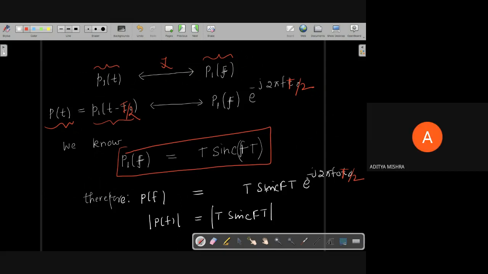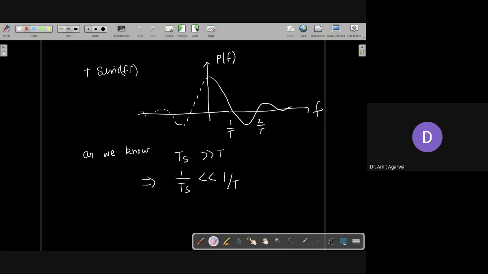No sir. Okay. So what would be the magnitude of the spectra of your pulse which you are using? The exponential term has magnitude 1. In many cases we are only interested in magnitude, so I am writing it explicitly here. You can take T outside also because T is always positive. ठीक है.